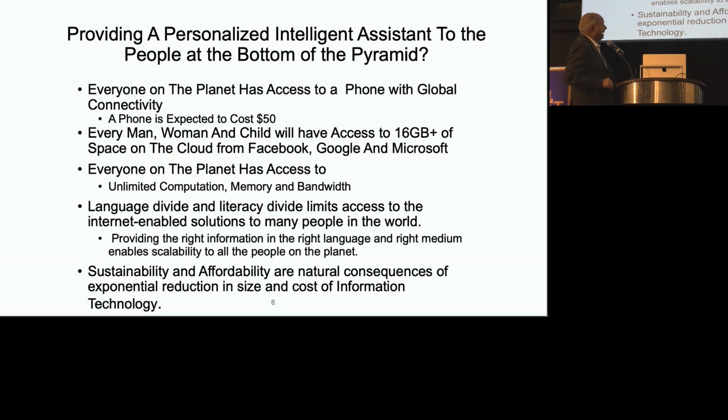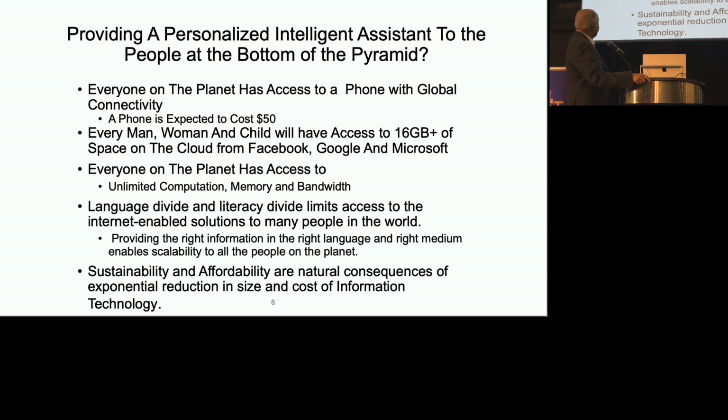So I'm starting with the assumption that I want to help people at the bottom of the pyramid. And for that, I'm assuming all of them will have a smartphone. On their smartphone are a set of apps, personalized intelligent assistants, that will provide the support they need.